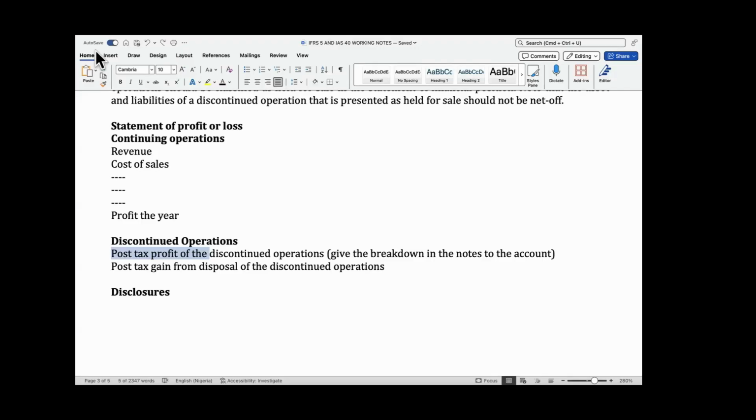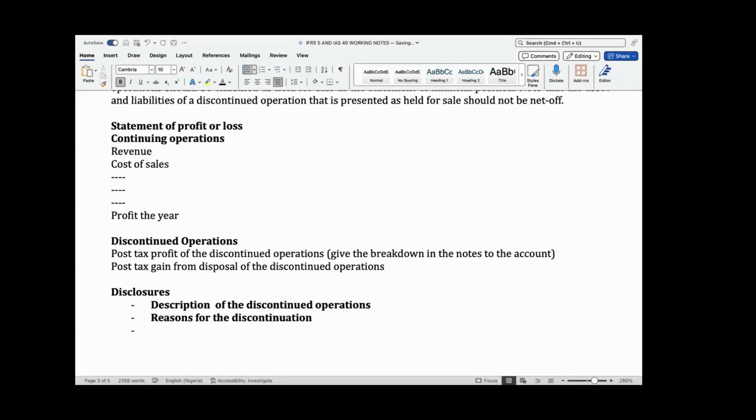Okay, I was just holding on in case you had other questions, but I'm not sure there are any. So when you have discontinued operations, you're expected to give a description of the discontinued operations. Also, you're expected to give the reasons for the discontinuation.